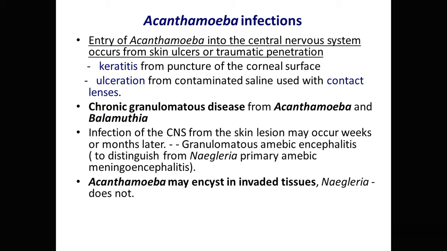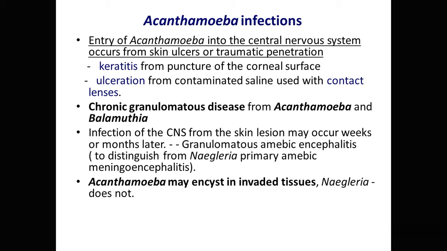And Acanthamoeba and Balamuthia can cause granulomatous disease, and this is an infection of the CNS. So first Acanthamoeba invades the body through a skin lesion, and then granulomatous amoebic encephalitis develops. Here we have granuloma formation, while in the case of Naegleria we have meningoencephalitis.